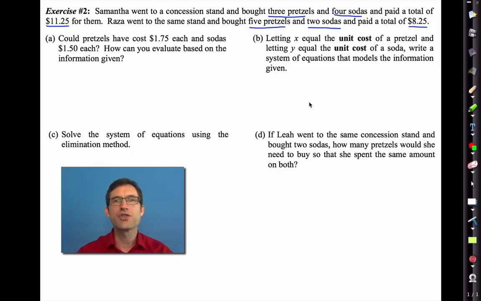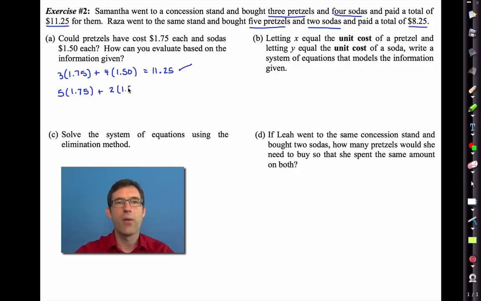So you got to really watch, because if you just look at Samantha, let's take a look. She bought 3 pretzels at $1.75, plus she bought 4 sodas at $1.50. And if you add those two together, you get $11.25, which is good, right? I mean, that's consistent. We know she spent $11.25. On the other hand, though, if you take Raza, who had 5 pretzels, and we're thinking they're $1.75 each, and then 2 sodas at $1.50 each, we find that we get too much, right?